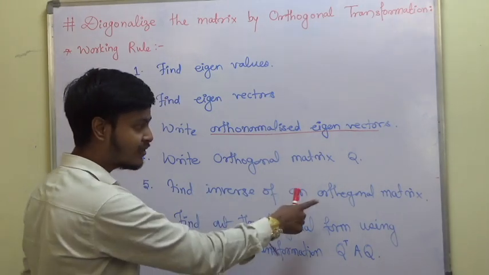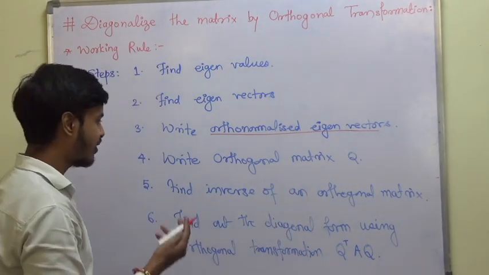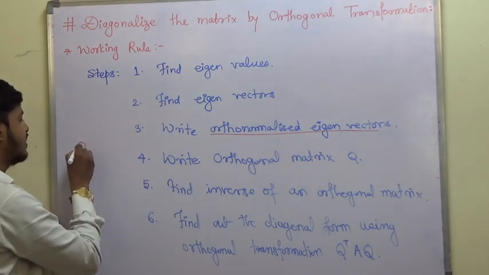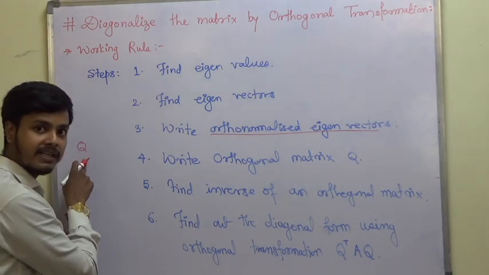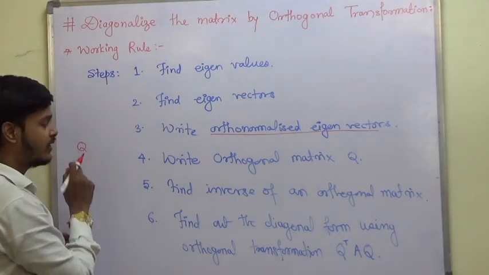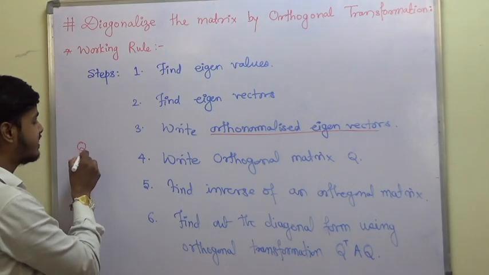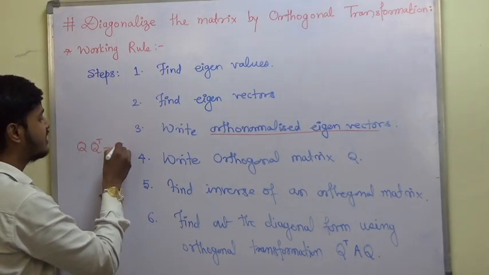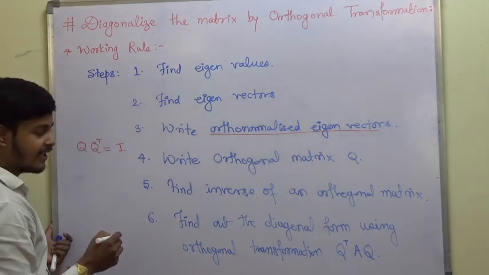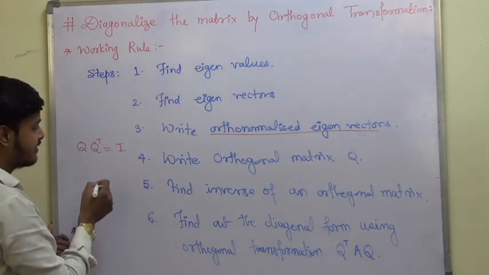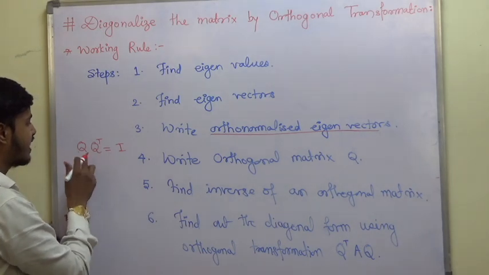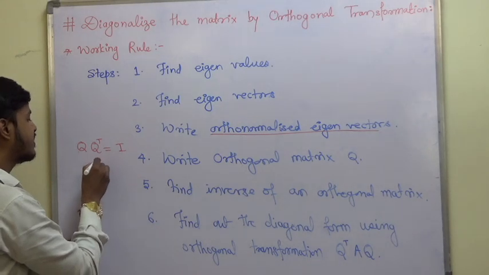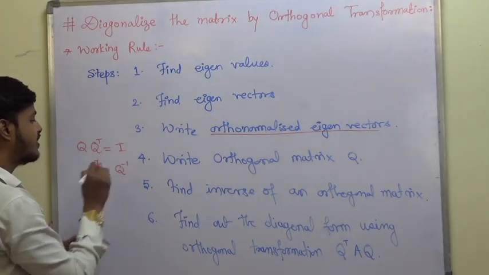Now you have to find the inverse of the orthogonal matrix. Suppose you have a matrix Q, and Q is orthogonal. By definition, Q transpose Q is equal to I. Now you can multiply by Q inverse on both sides, so you get Q transpose is equal to Q inverse.